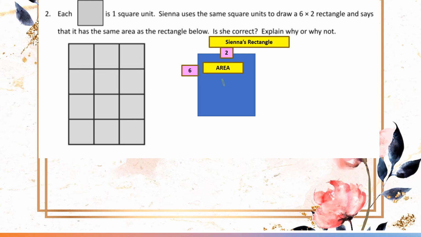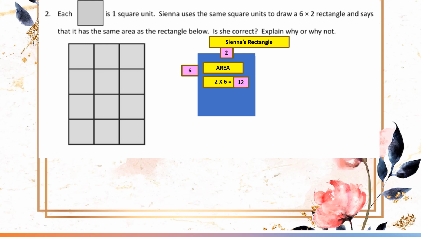And remember, area is length times width. So you could either write it as 2 times 6 or 6 times 2. And what's the answer to 2 times 6 or 6 times 2? That's right. 12.